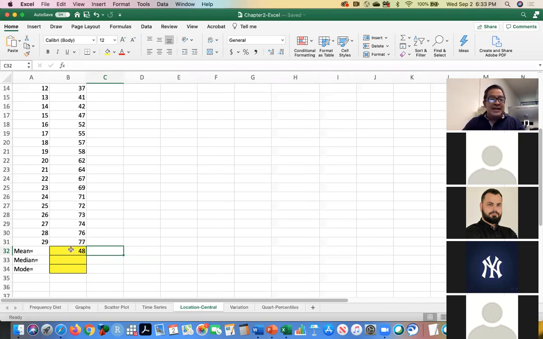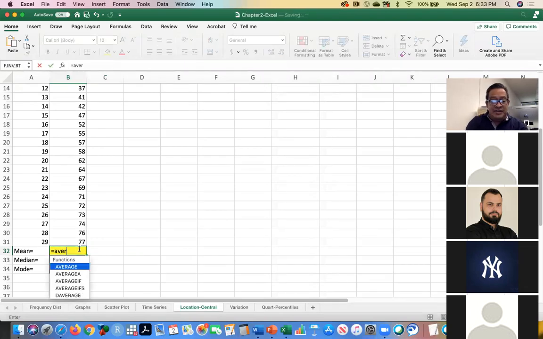So once again, to compute the mean, I type equals AVERAGE, open parentheses, and highlight the data. Some people are good at using their fingers to highlight areas, some are not.